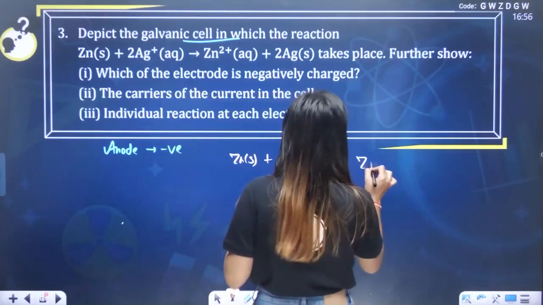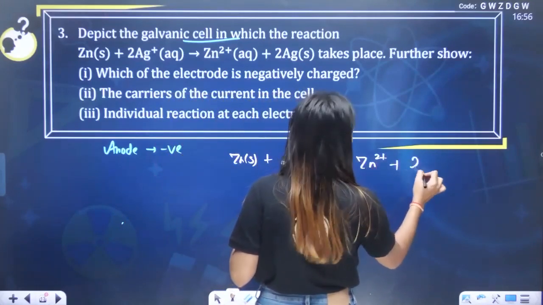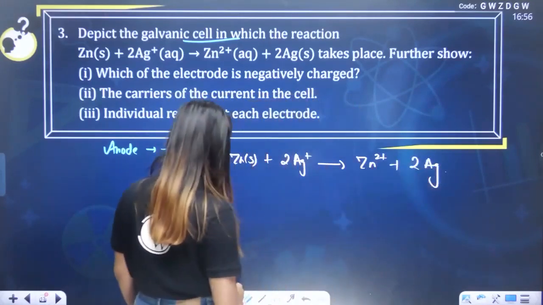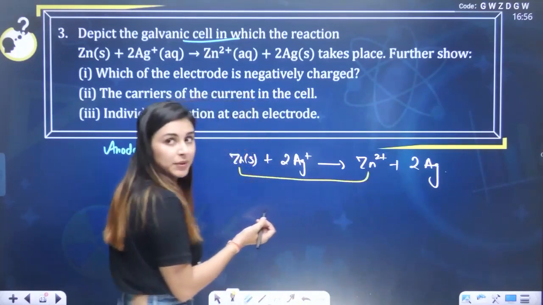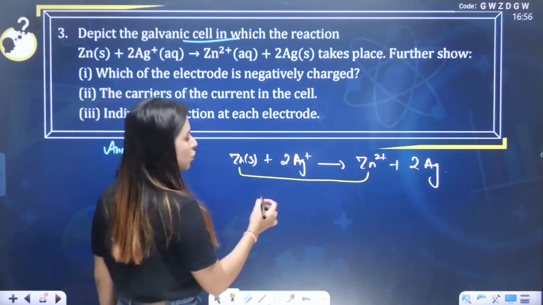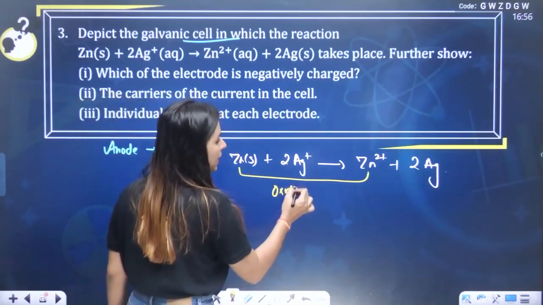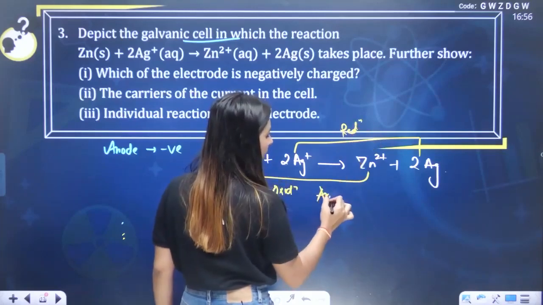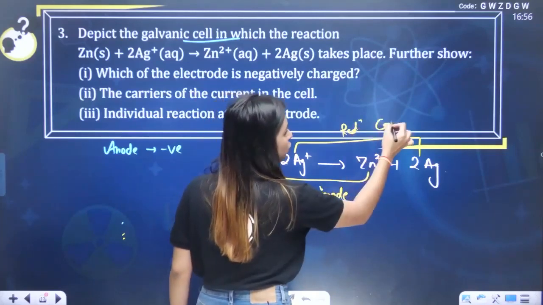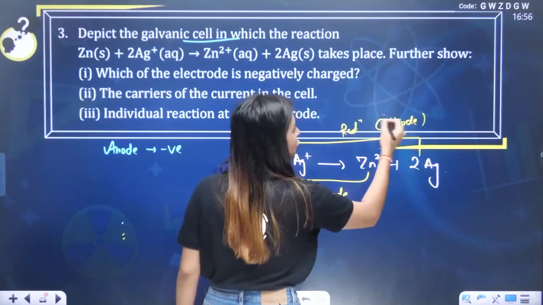This gives me zinc 2 plus, and then 2 Ag. If I see oxidation and reduction, from here to here, what is happening is oxidation, and this is reduction. So this is anode and this is cathode.